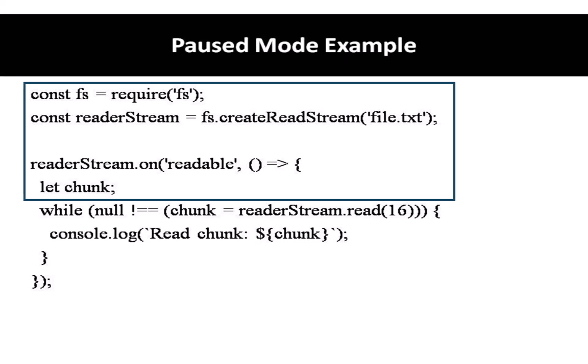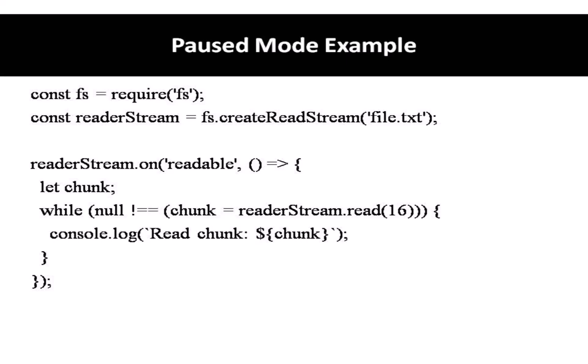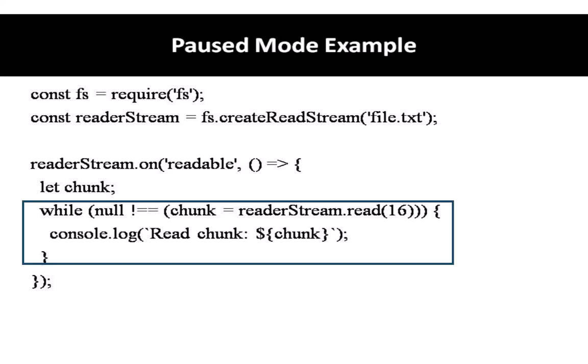Now here we are using a readable function. Next, you are going to declare a variable chunk, which keeps track in the loop. So here we have declared a while loop. Within the while loop, it is going to check the readable mode. Once it reaches the limit size 16 bytes, until then it will keep printing the chunks of data, and then break from the loop.